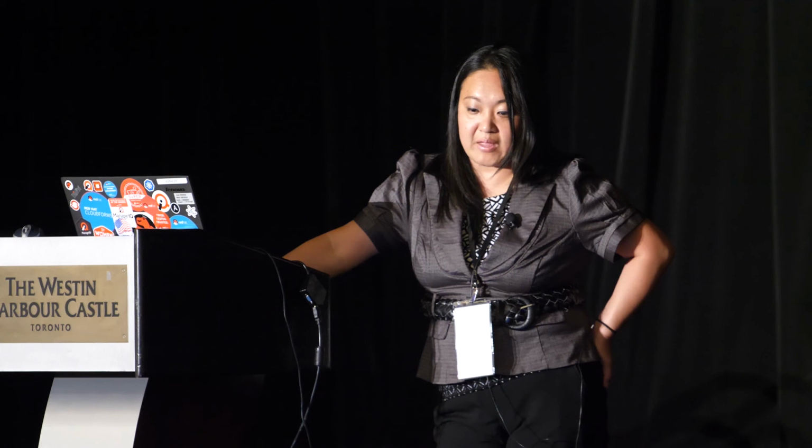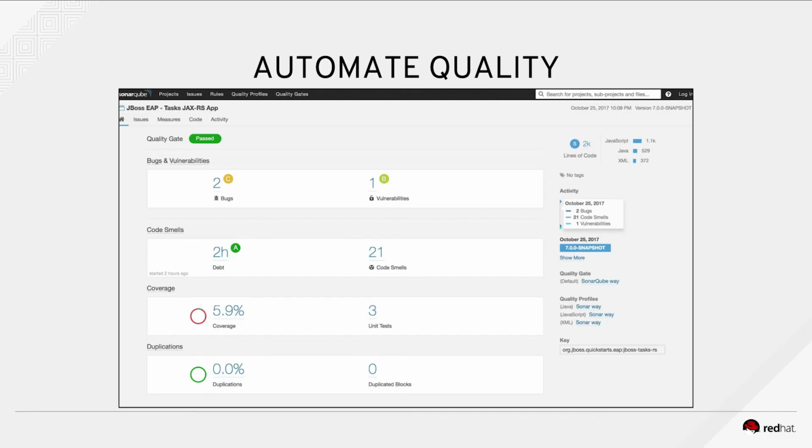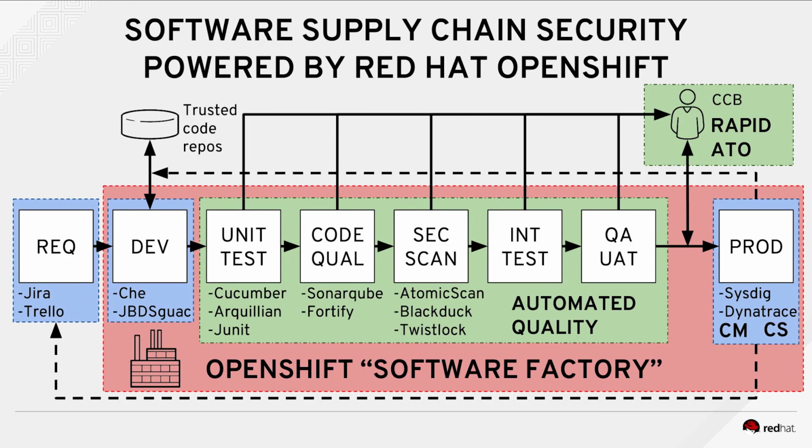This is a quote from the book The Phoenix Project. You want to make sure that you automate things like quality. The idea is that this CI/CD pipeline that you create inside OpenShift using the built-in Jenkins pipeline, for example, effectively gives you a secure software supply chain, where you bake in security at each of these steps.